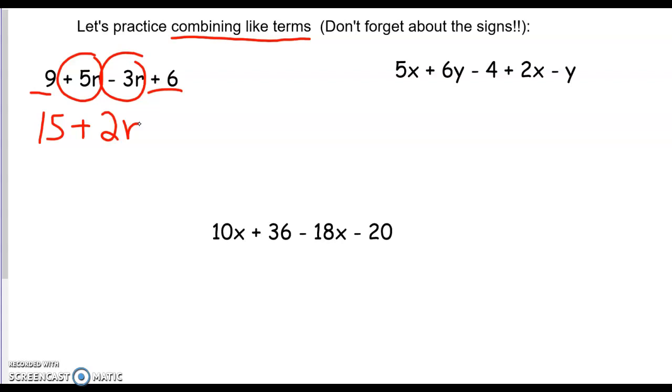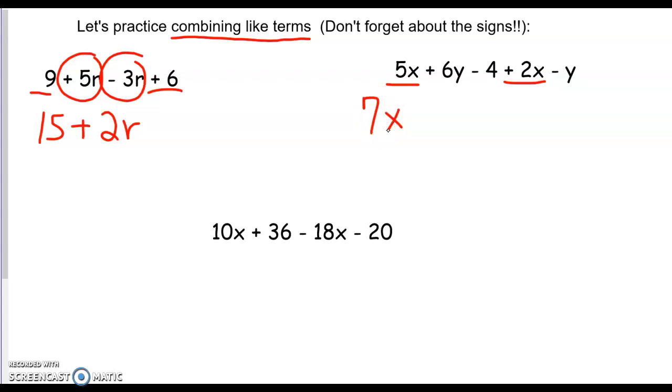All right, let's go over to the one over here. And let's see, I've got this guy, 5x, and I see another one with x plus 2x. I can combine those, and that would give me 7x.